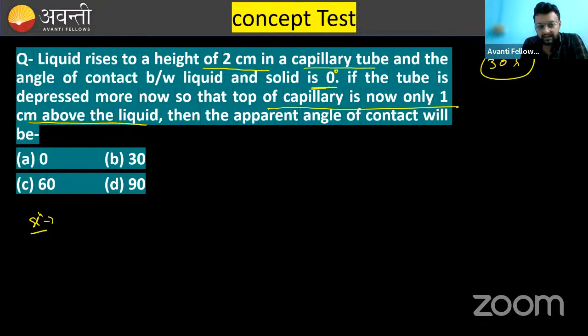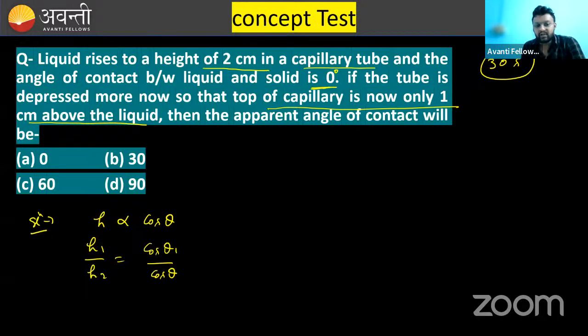They are dealing in terms of angle of contact, but I have told you to remember H is proportional to cos theta. So H1 over H2 is cos theta 1 over cos theta 2. H1 is the calculated height, 2 centimeters, divided by H2, the available height, 1 centimeter. The centimeters cancel out.